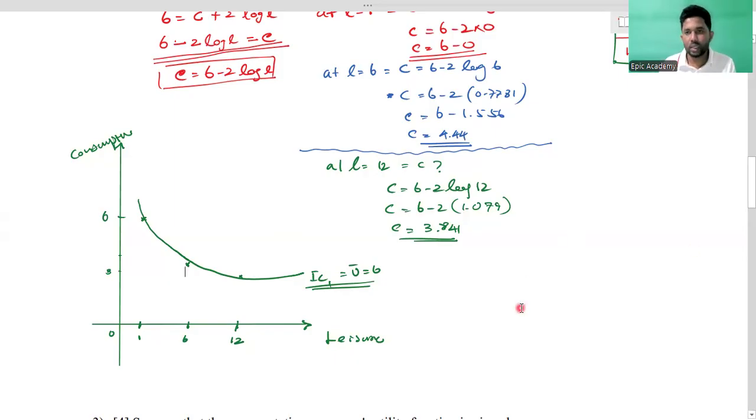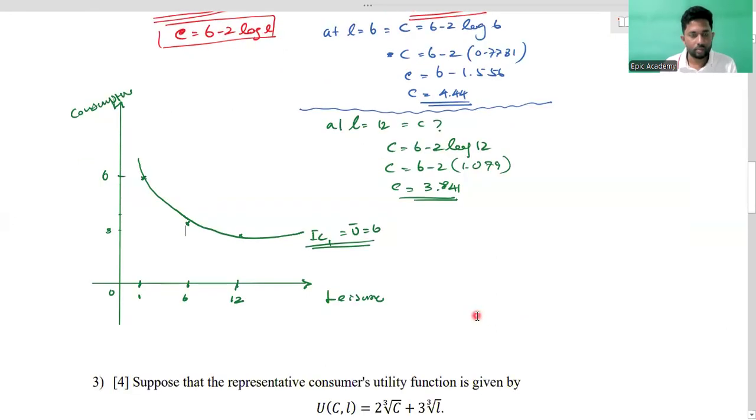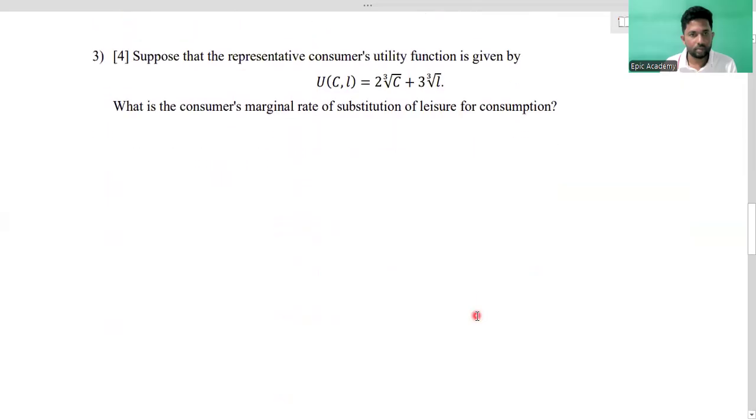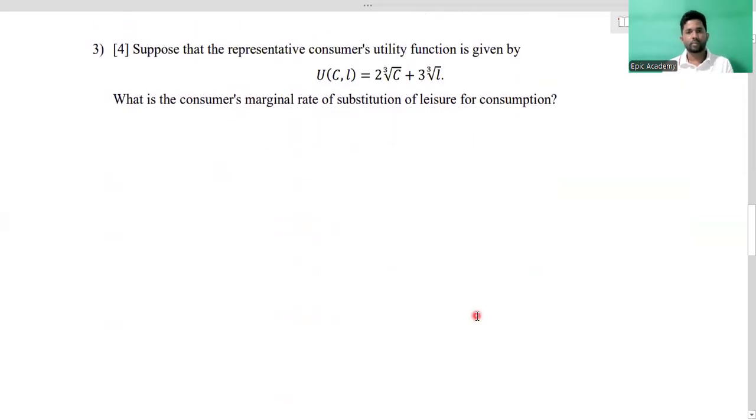Okay, let's move to the third one. I think you already discussed the cubic root calculations. Yeah, I know how to do those. Good.